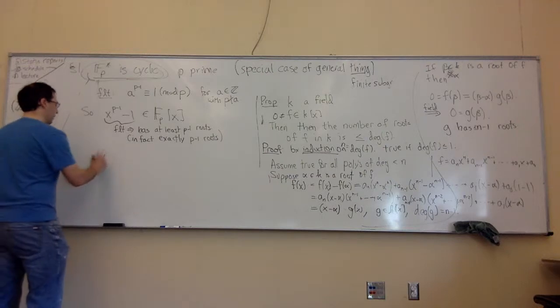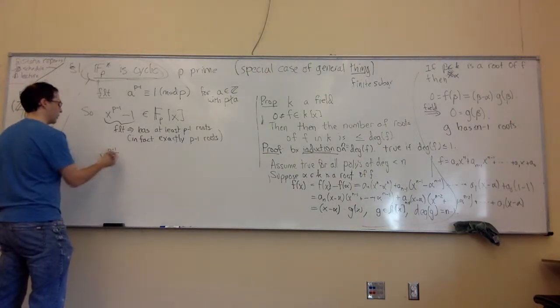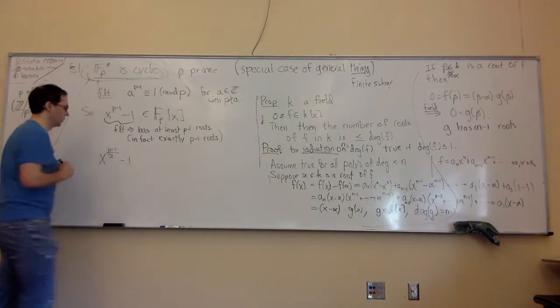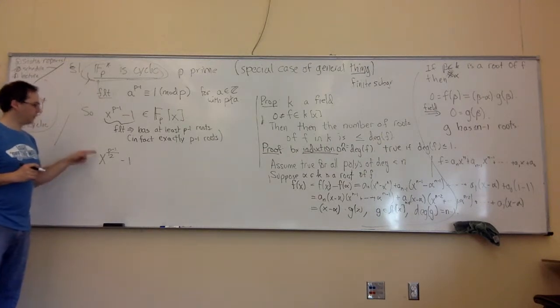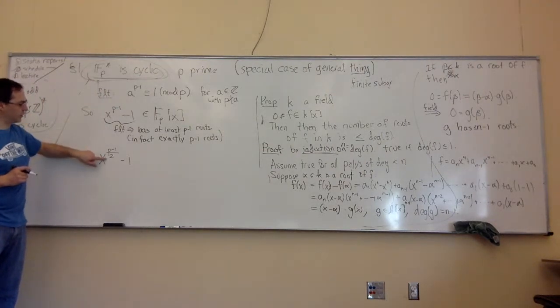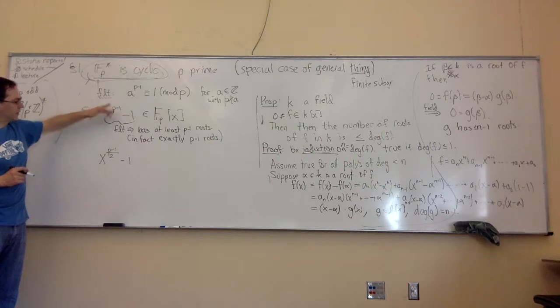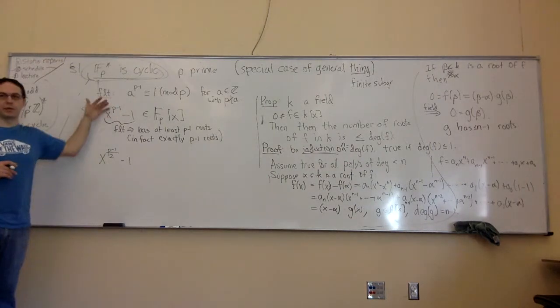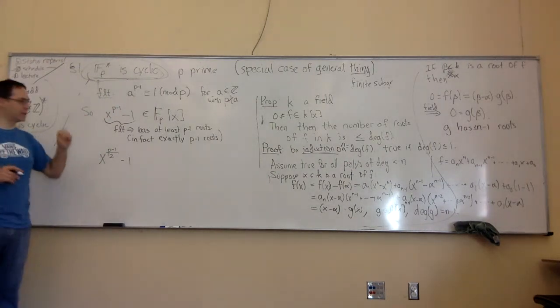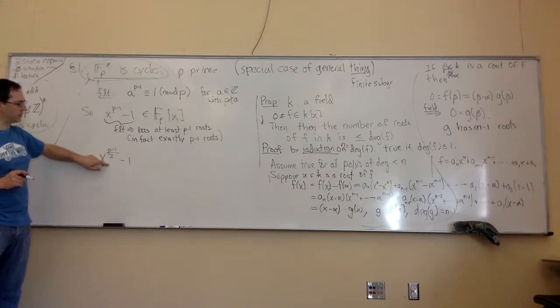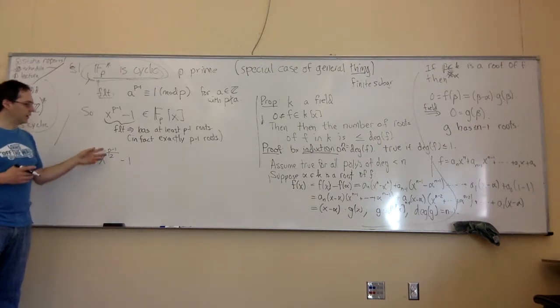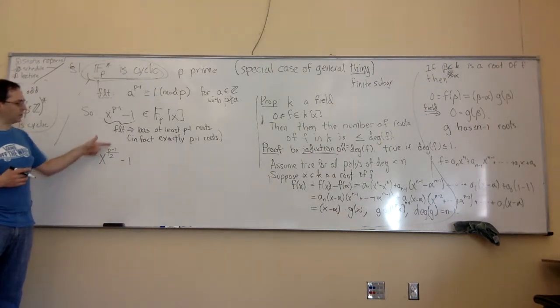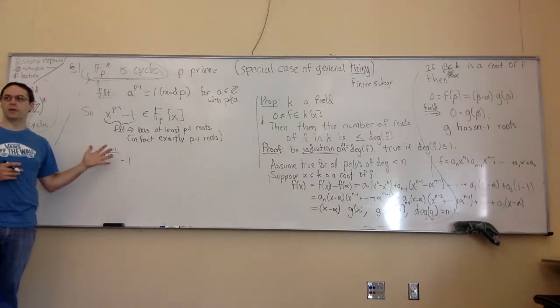Now what if you considered a polynomial like x to the (p minus 1) over 2 minus 1? If you have that there's roots of this that aren't roots of this, then it just tells you something about the order of such an element. Okay, so if something's a root of this but not a root of this, then when you raise it to the power of (p minus 1) over 2, you don't get 1. So it gives you information about the order.